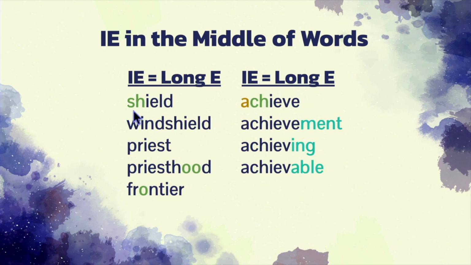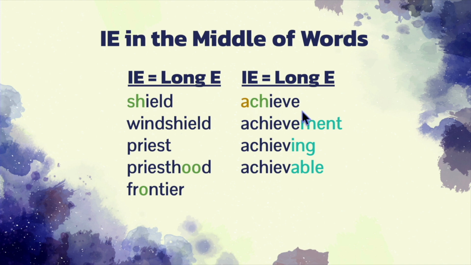Here are some more words. Shield, windshield, priest. This O is going to have the sound of priesthood. This O is going to schwa, which means a muffled short U sound. Frontier. Here we have a root word, achieve. Notice the CH says ch, and A at the beginning of words often schwas or takes a muffled sound.